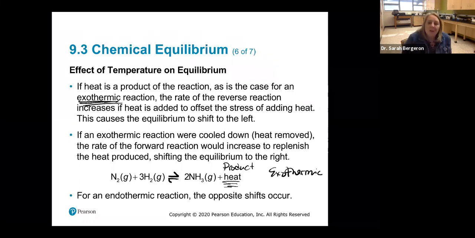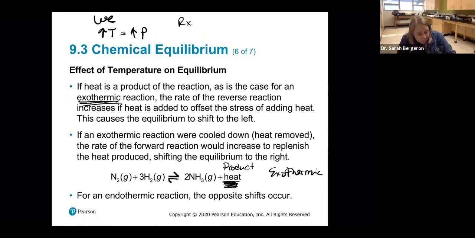Okay, so if we add heat, if we increase our temperature, what are you increasing? What is an increase in temperature? Well, you're actually increasing a product because heat is a product. So that's the same thing as increasing a product. Well, what is the reaction going to do?